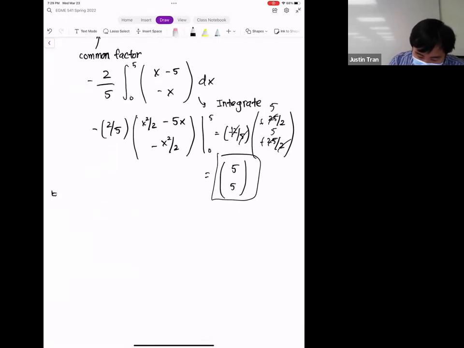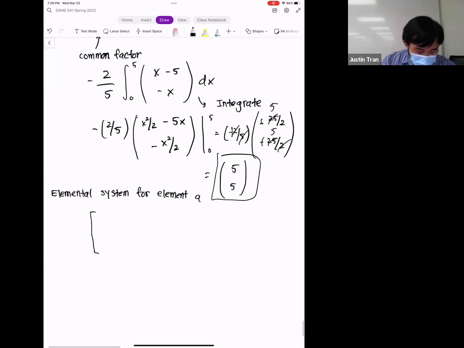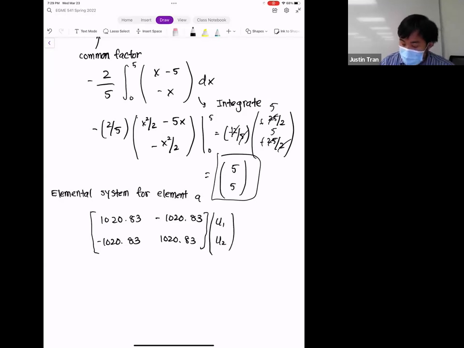Our elemental system for element A is 1020.83, minus 1020.83, minus 1020.83, 1020.83, times U1, U2, because those are the nodes that are attached to element A. Let's not forget our fundamentals of keeping track of which nodes are connected to which elements.